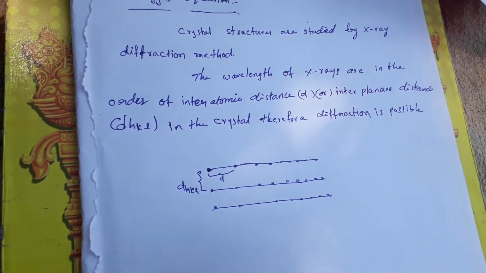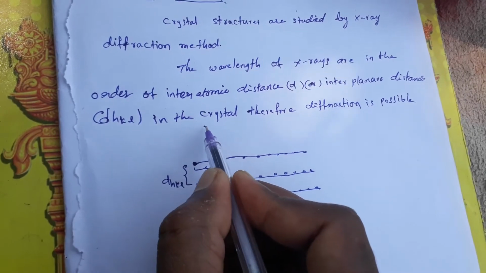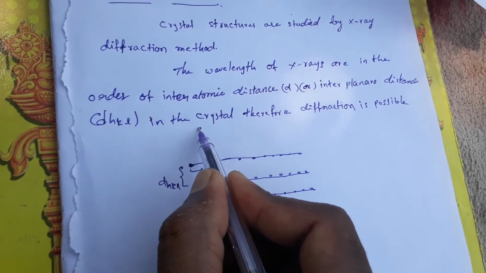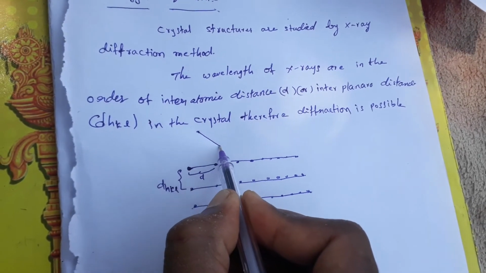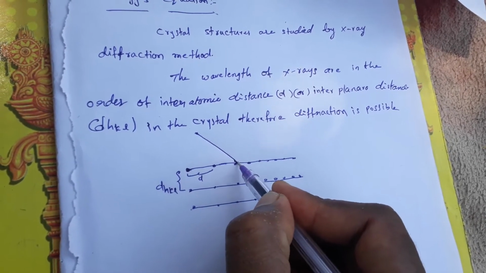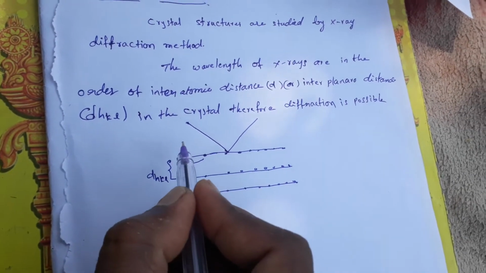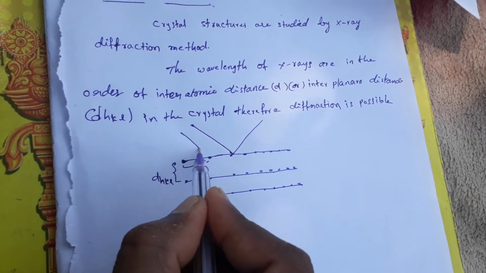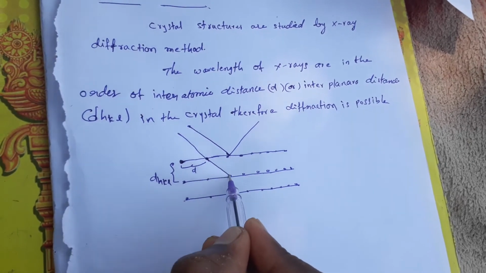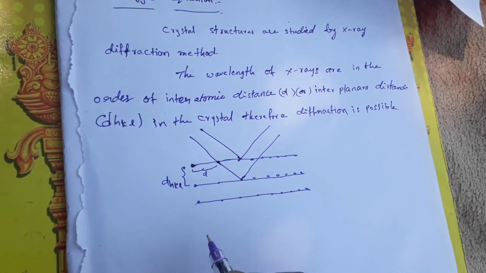So when we impose some X-rays on the atoms or molecules or ions of the crystal, the ray strikes the atom and is diffracted, and when another ray comes and touches the atom, again it is diffracted.